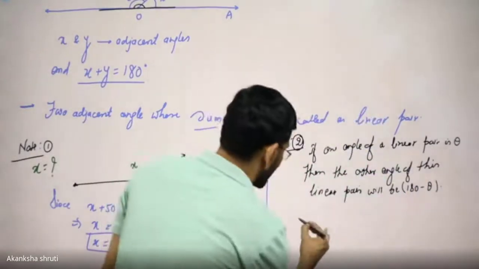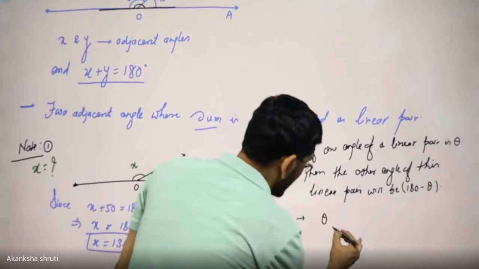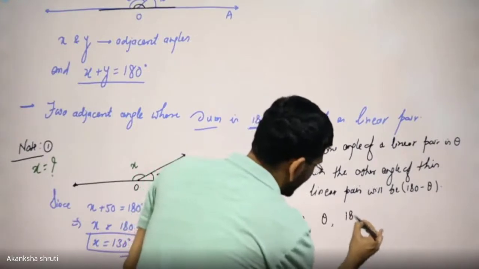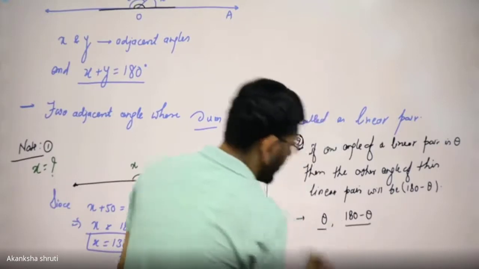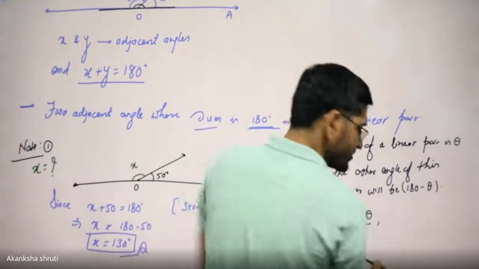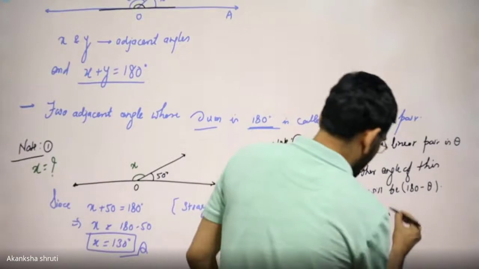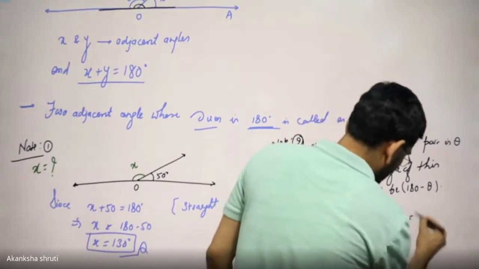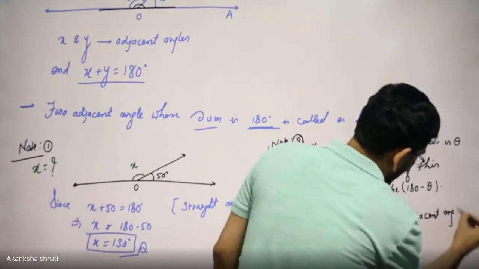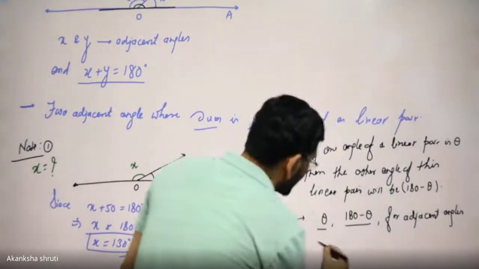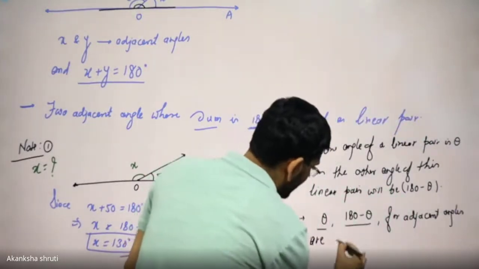Therefore, this theta and 180 minus theta, for adjacent angles, are a linear pair.